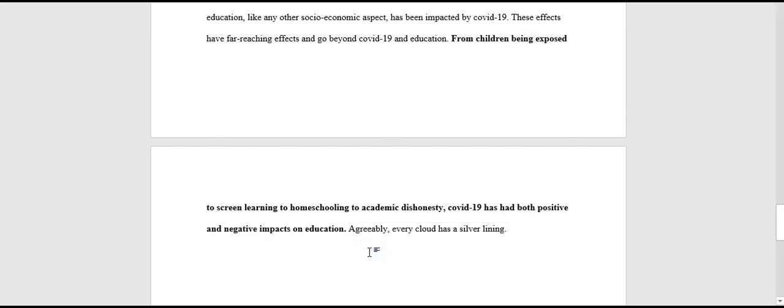What you have is a general summary of what the essay was all about. From children being exposed to screen learning, to homeschooling, to academic dishonesty, COVID-19 has had both positive and negative impacts on education. Now, that is what the reader is going to take away from your essay.